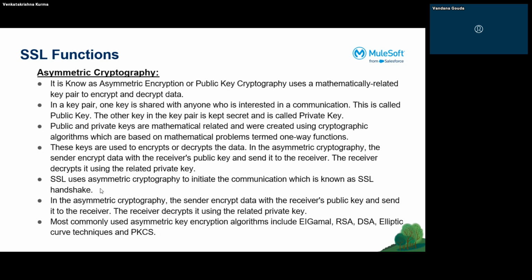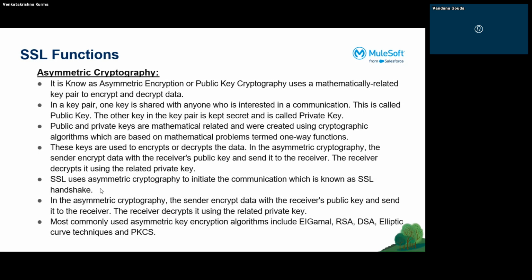In asymmetric cryptography, the sender encrypts the data with the receiver's public key and sends it to the receiver. The receiver decrypts using the related private key. Most commonly, asymmetric encryption uses ElGamal, RSA, DSA, elliptic curve techniques, and PKCS.